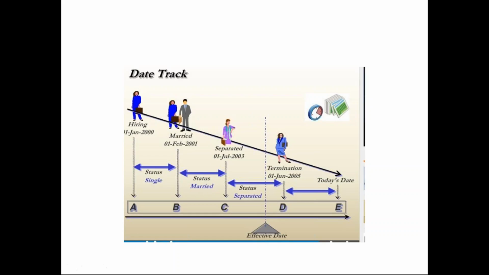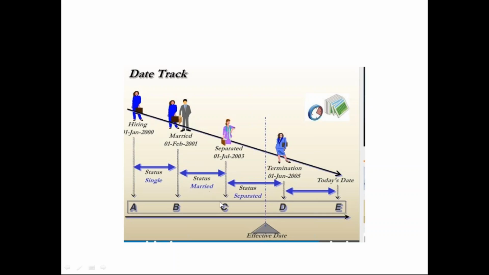We want to see the backdated history. Then you go back to 2000 and you can see whether he is single or married, and when he got married. You can see all these things in 2002. And even in 2003 he separated, but he separated in 2003 actually.